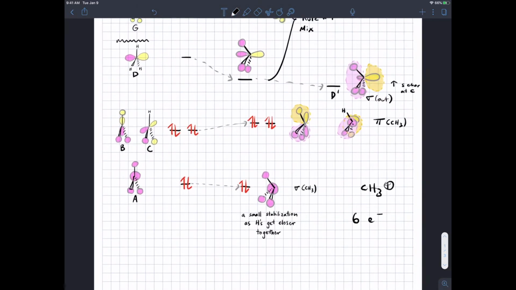And remember that on distortion from planar to pyramidal, our lowest energy orbital A gets a little bit lower in energy due to increased hydrogen-hydrogen overlap, whereas the pi orbitals are destabilized due to poorer overlap between carbon and hydrogen. All right. So, which do you predict is better?